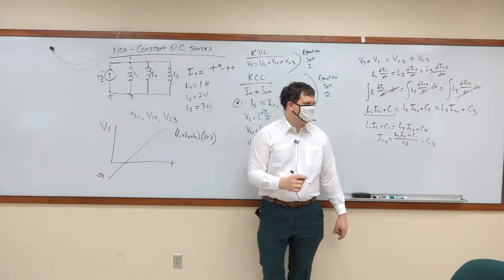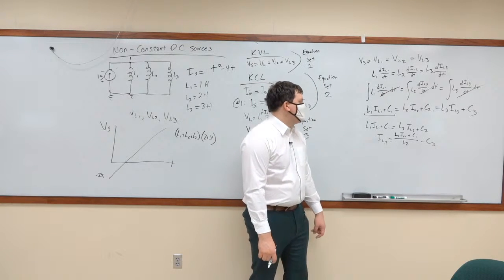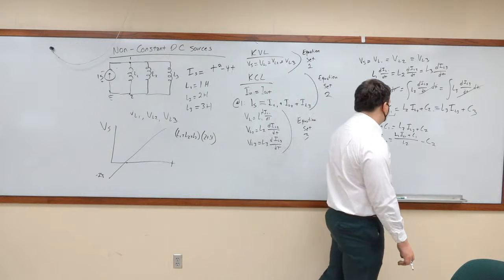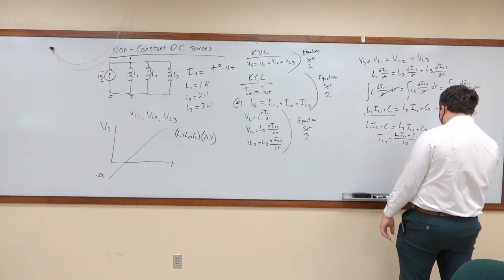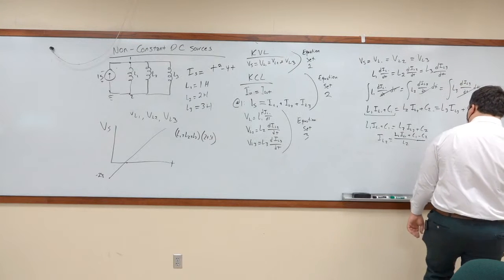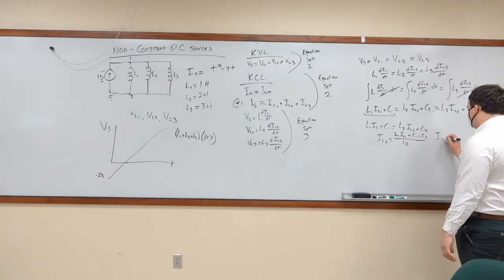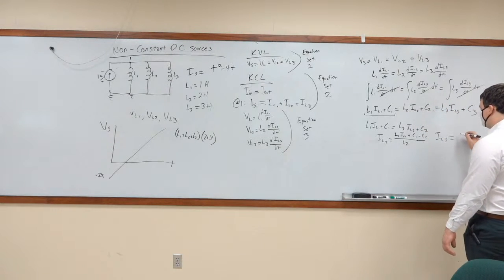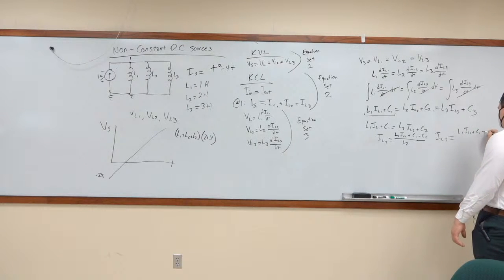Fun, fun, fun. Oh, the C2 actually goes up top. My bad. Okay, if we do the same thing for IL3, we get the same thing. IL3 is equal to L1 IL1 plus C1 minus C3 divided by L3.